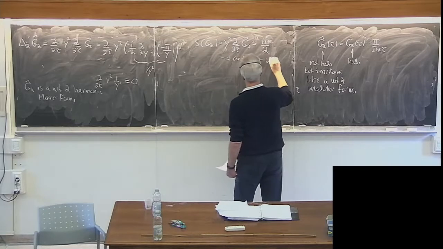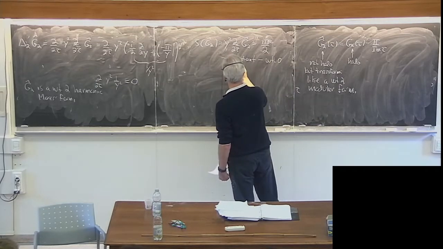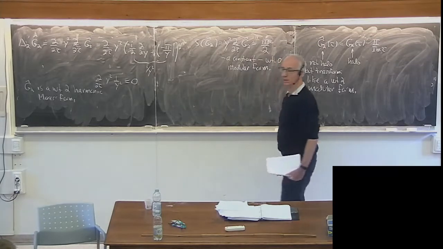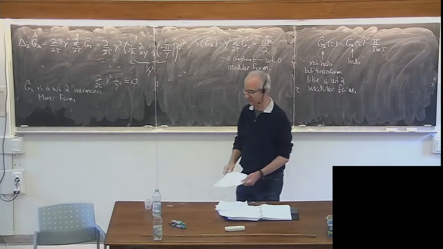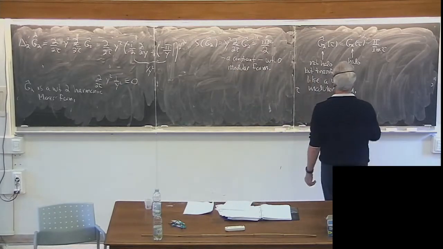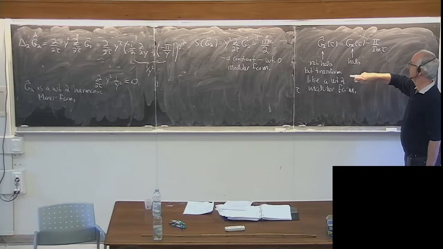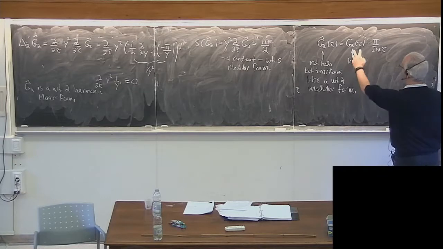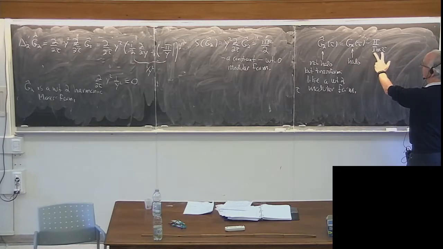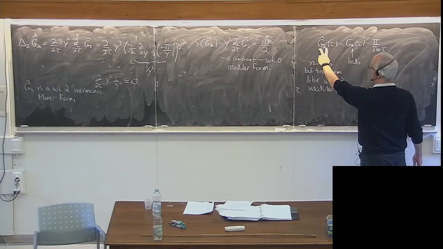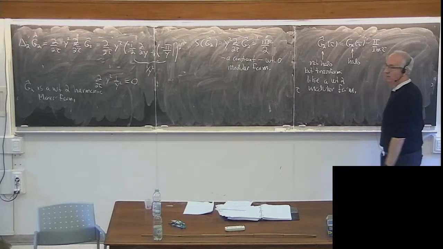Well, a constant is a weight 0 modular form. So this example shows that all the pieces fit together correctly. G2 of tau can be thought of as a mock modular form of weight 2. The shadow is a constant. It's holomorphic, but it's not quite modular. Its lack of modularity is made up by the modular transformation of this bit that you have to add. And the difference transforms like a weight 2 modular form, but it's not holomorphic.